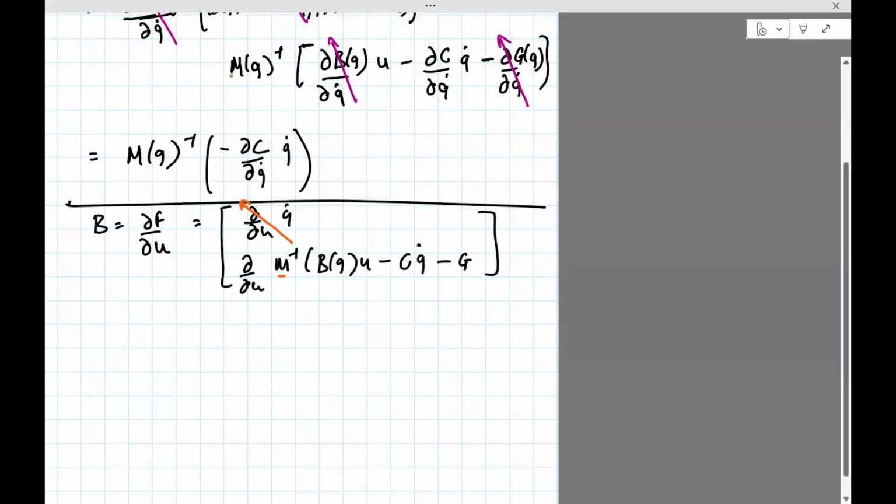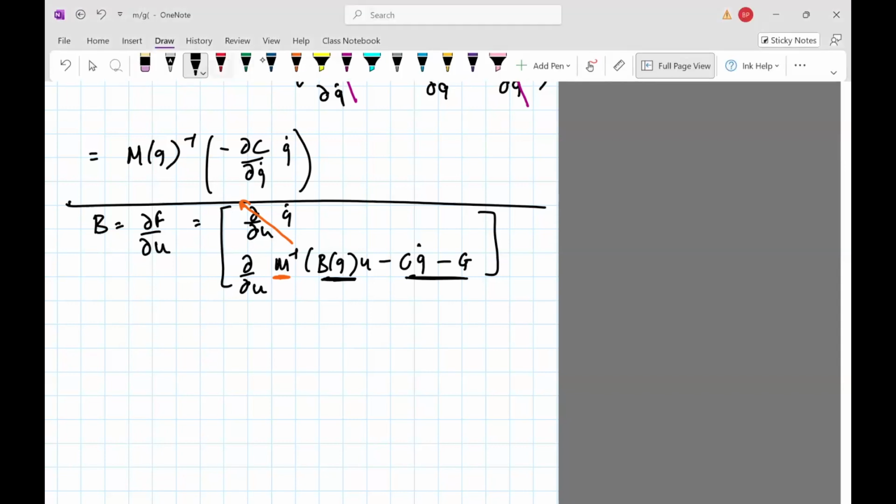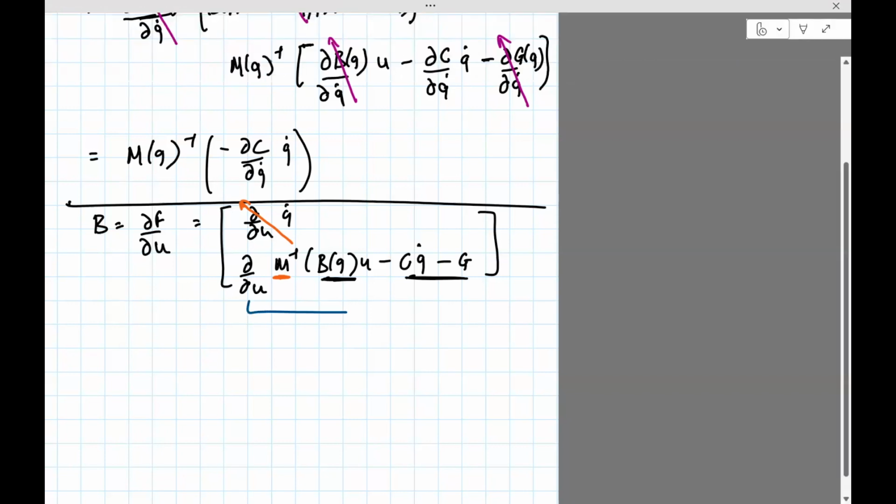When you use the chain rule, this is actually a function of q, so you don't really need to do the chain rule here. You don't have to take the derivative with respect to m. So it's only this part which really contributes. So the derivative of b of q times u with respect to u is b of q. So this term simplifies to simply m inverse. So m q inverse times b of q. That's it. Everything else, the derivative with respect to q, will be 0.